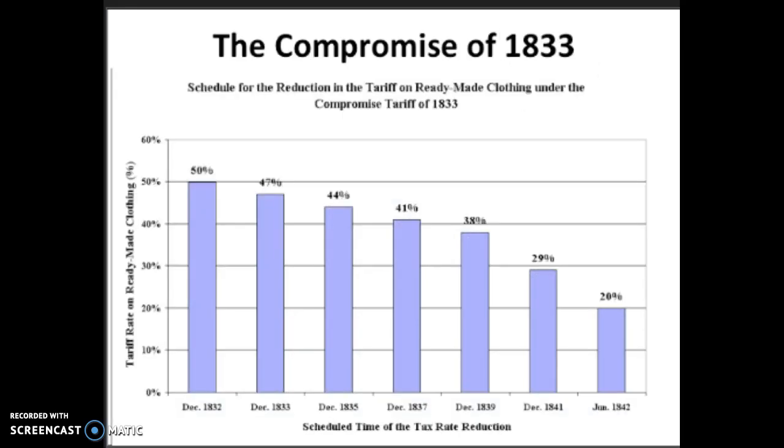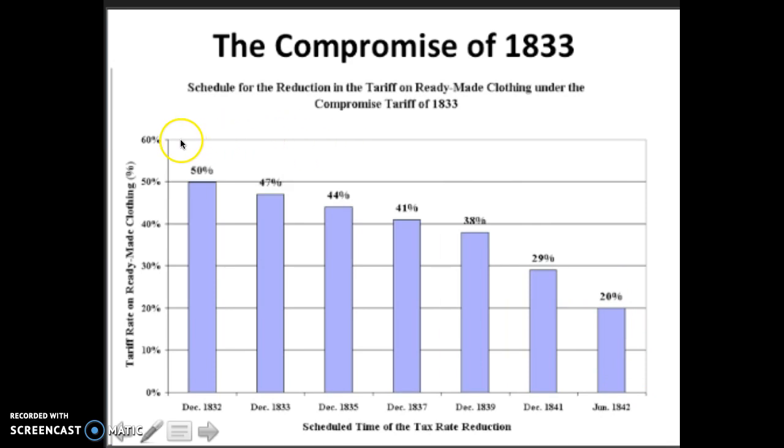Civil war was averted by Henry Clay in what becomes known as the Compromise of 1833. Henry Clay, who didn't like Andrew Jackson, said it's better to avoid war though. So in the Compromise of 1833, Henry Clay proposed that the tariffs would be reduced gradually over the next 8 years to the modest level of 20%, the way they were after the War of 1812.